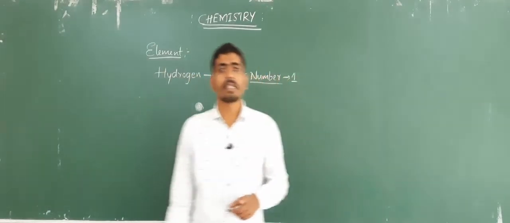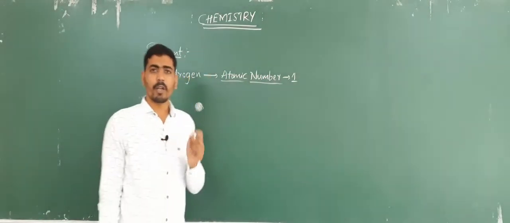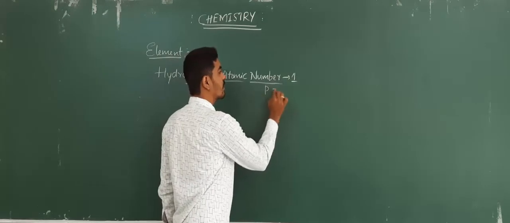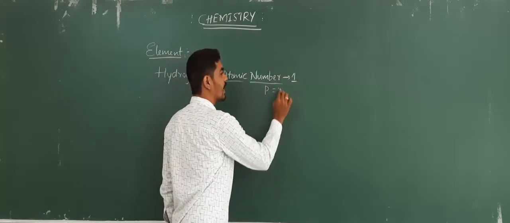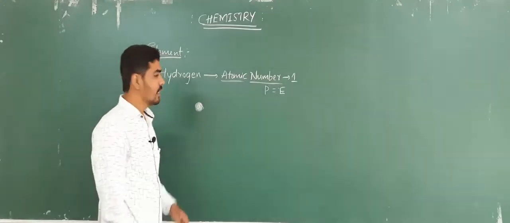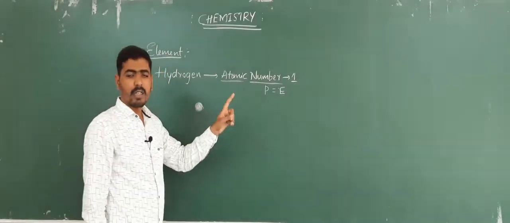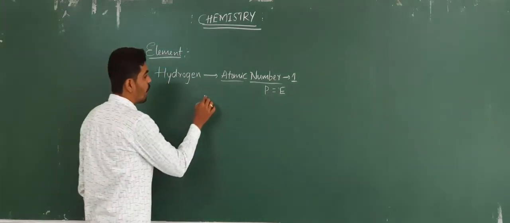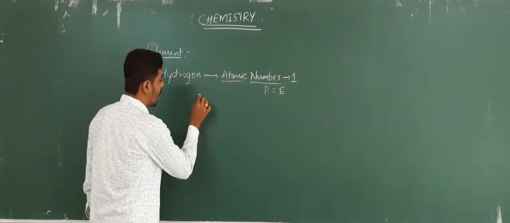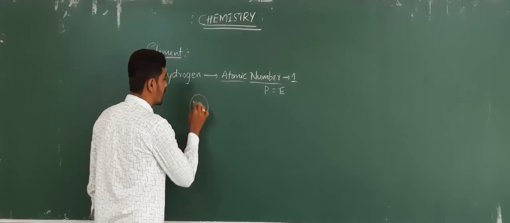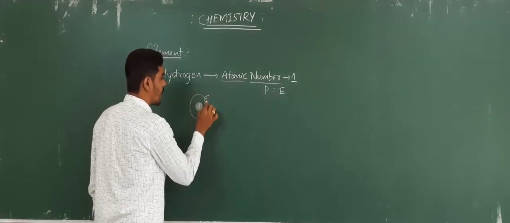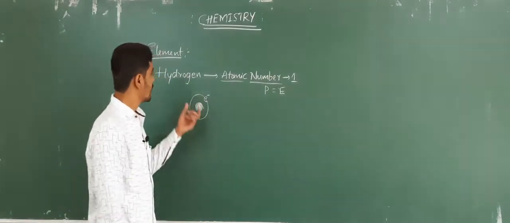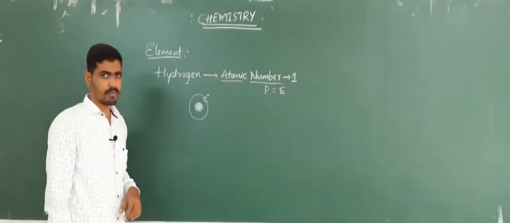There will be one electron, because as I have already told you, the number of protons is equal to the number of electrons, and hence if the number of protons is 1, then the number of electrons is also 1. Therefore 1 electron is present, and that electron is in the first orbit, revolving around the nucleus. So this is the structure of hydrogen.